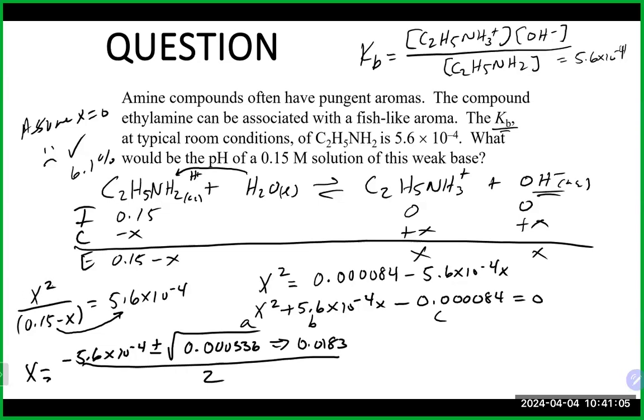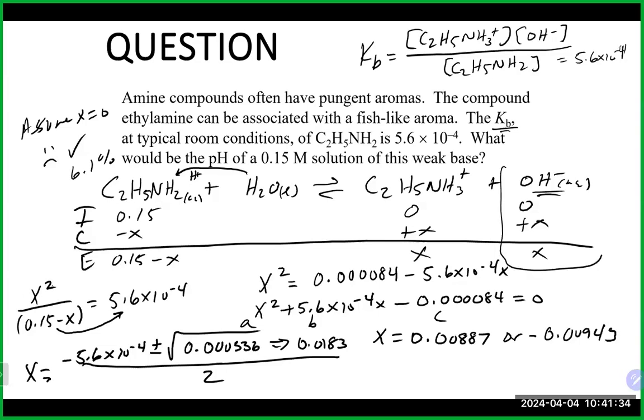Giving us our two x values here, we'll do the plus first. And that's going to give us an x of 0.00887. And we'll do the minus next, which once again is going to yield us a number we don't really want anyways. But just in case you like the number, that is going to get us negative 0.00943.